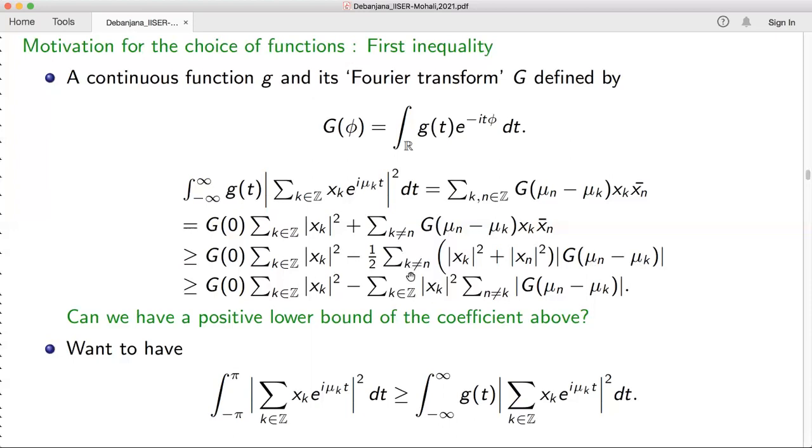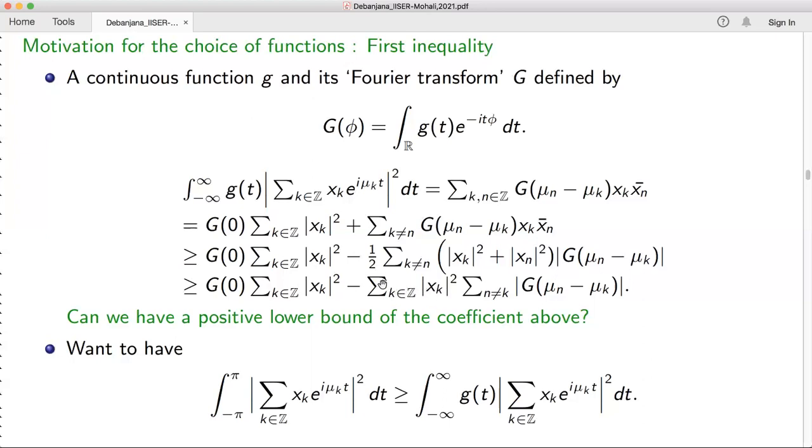Now, provided capital G is even, meaning G of phi equals G of minus phi, using the symmetry we can combine these two terms, and the factor two will go.